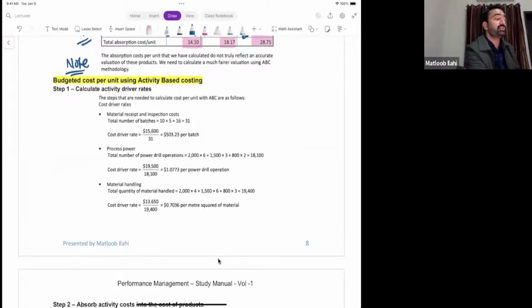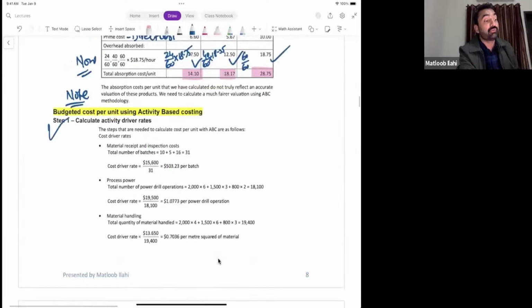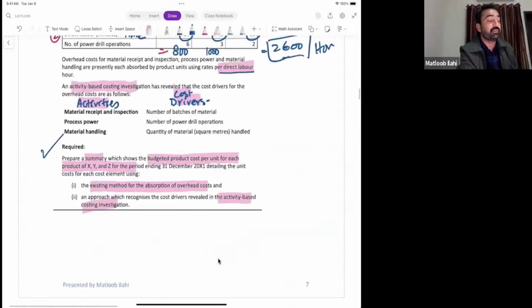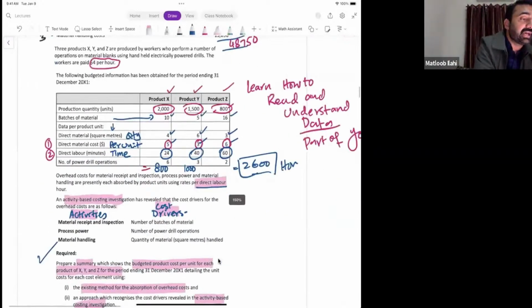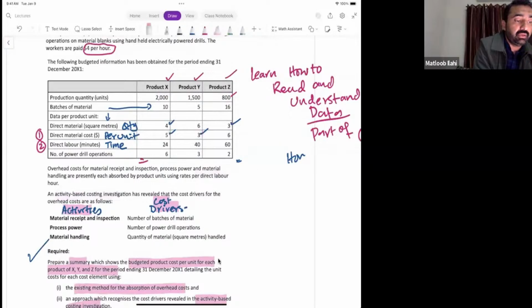So step one, we need to calculate driver rates. How to calculate driver rates? Before calculation of the driver rates, we need to calculate the number of drivers. We need to check if the number of drivers is given or not. So we need to perform this calculation here. Let me remove all this.